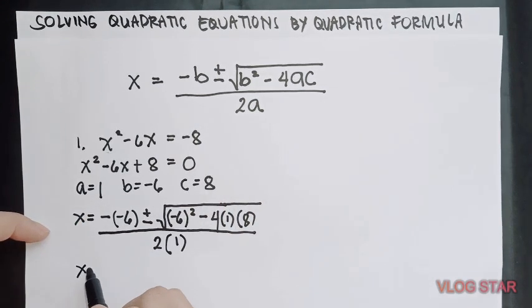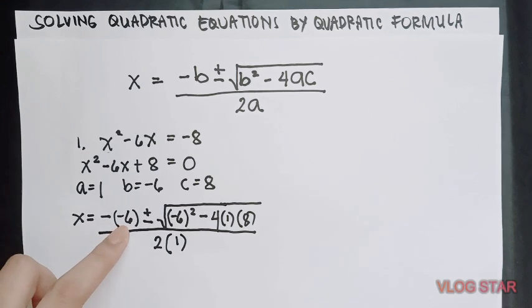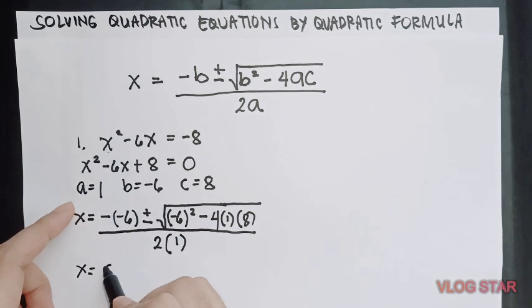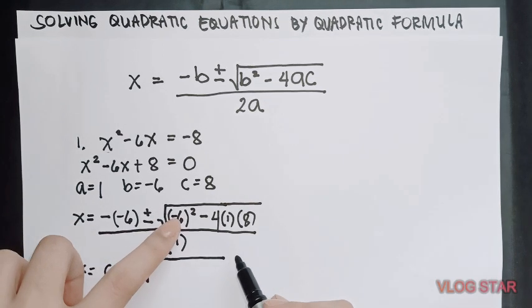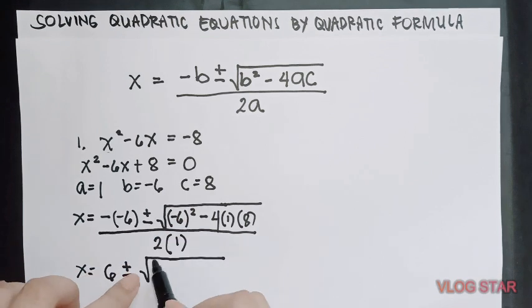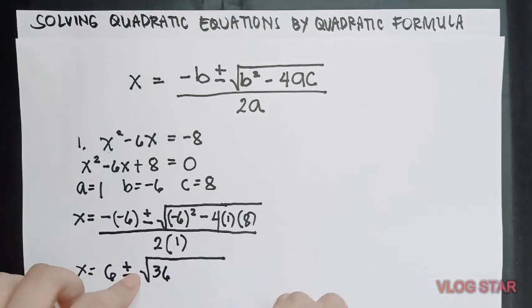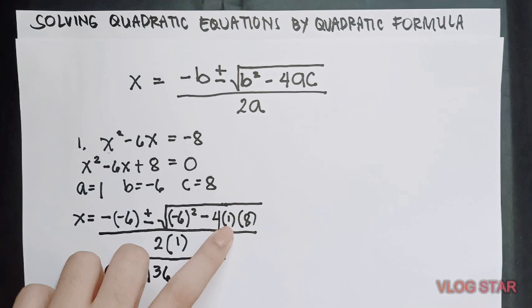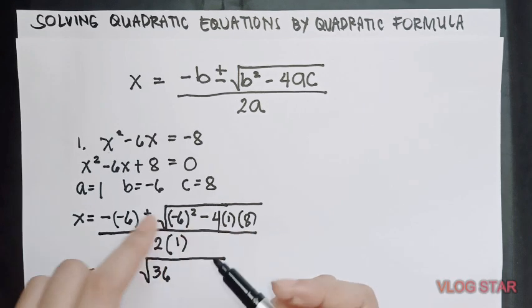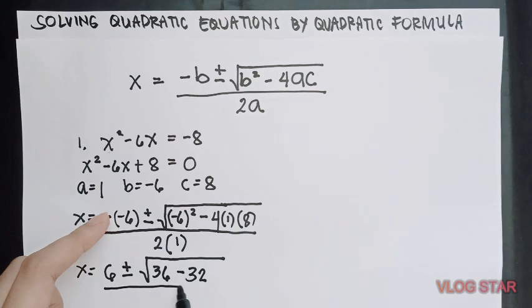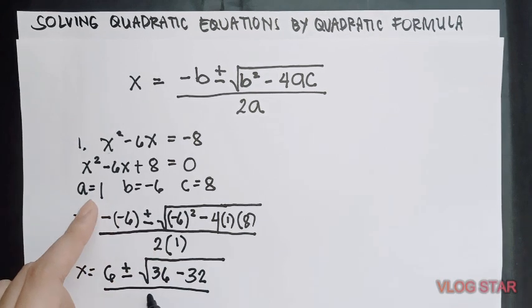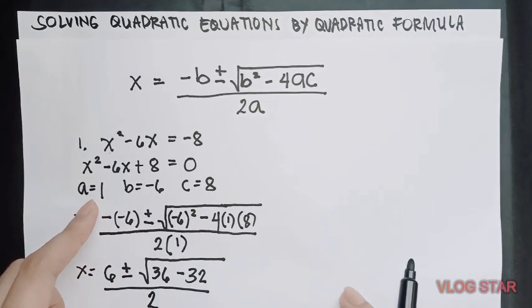We're going to have x equals negative times negative 6, which will become positive 6, plus minus the square root of the square of negative 6, that is 36, minus 4 times 1, that is negative 4, and negative 4 times 8 is negative 32, all over 2 times 1, that is 2.